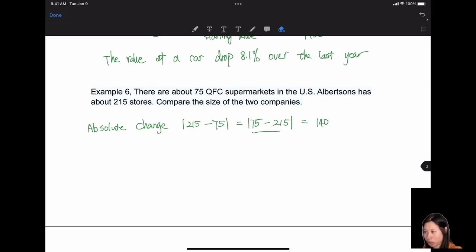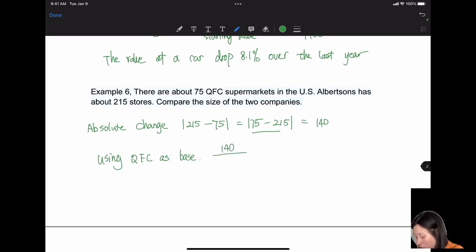So now that tells us what? If we use QFC as the base, we have the absolute change over the value of the QFC, which is 75.